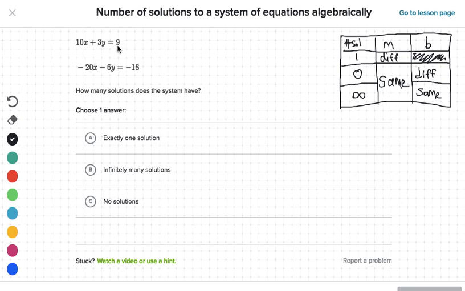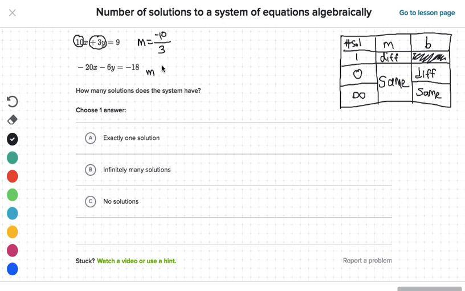So let's take a quick look. The easiest one to look at is the slope first, because if it's different, you don't have to go any further. The slope m is the inverse of the first term, the term with the x, so that's negative 10, over the y term, which is 3, so negative 10 over 3. Let's look at this one here.